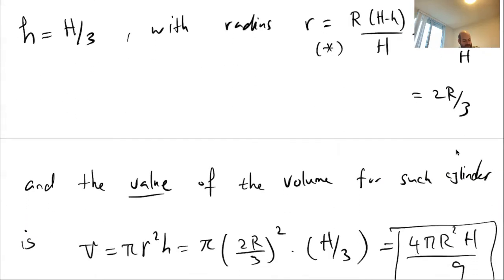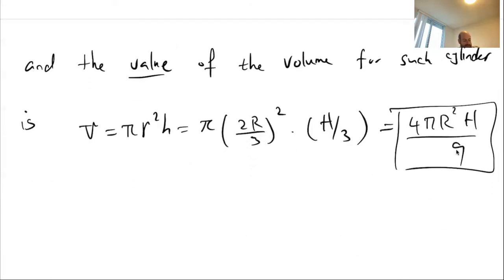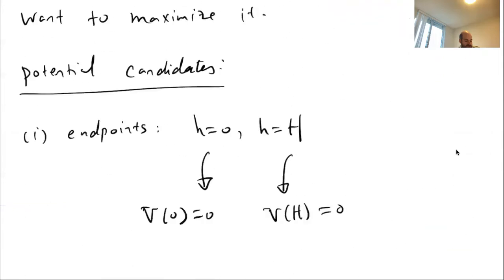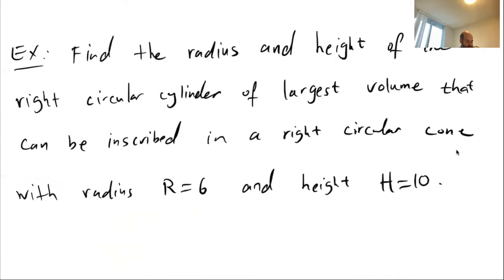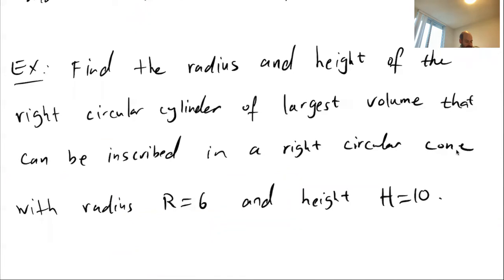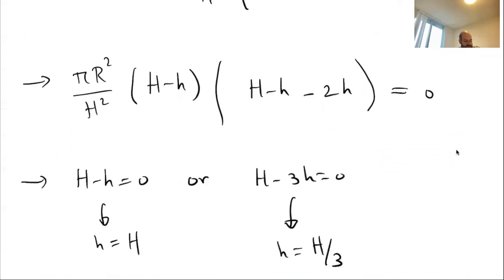But if the question also asks for the volume, then this is the value of the volume, the largest possible volume. So you have to read the question carefully. In this one, the question was asking to find the radius and height. The radius and height, we found here.